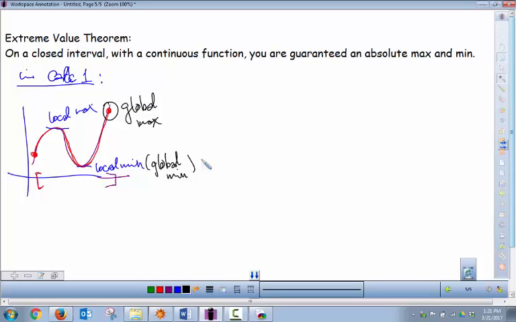And if you remember the process for doing this, you find critical points. And then you find the endpoints. You don't find the endpoints, you're kind of given the endpoints.